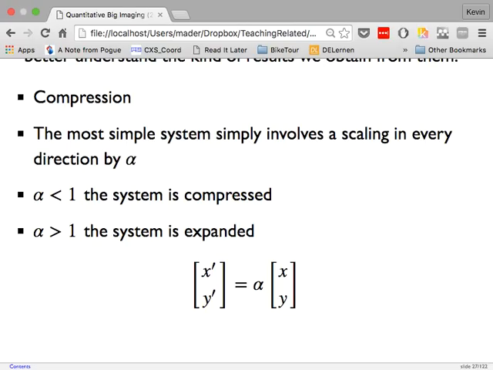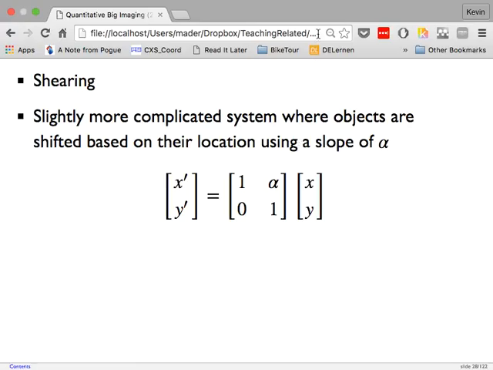You take the original coordinate system and multiply it by an alpha; if it's less than 1, it's compressed, and if it's greater than 1, it's expanded. Then shearing, where we have this transform matrix, where x is x plus alpha times y, and y is simply y, and that just shears the sample.